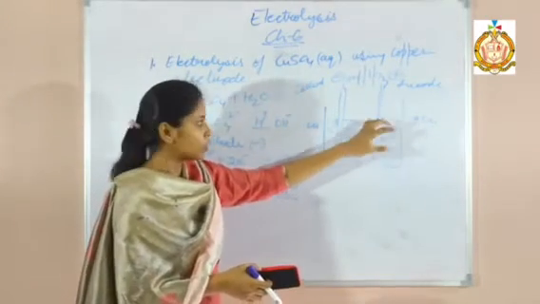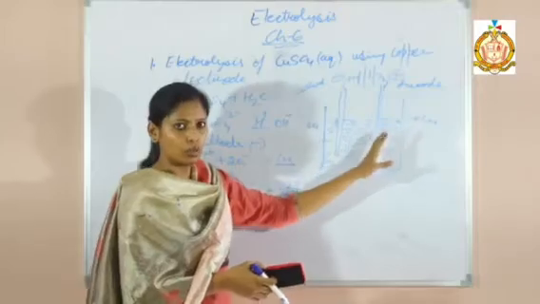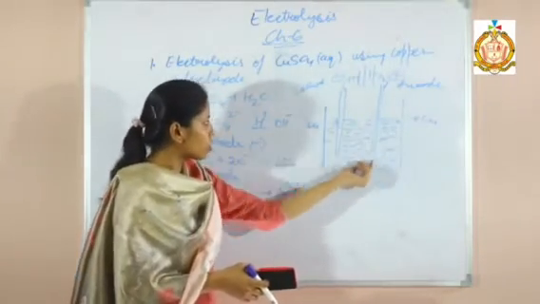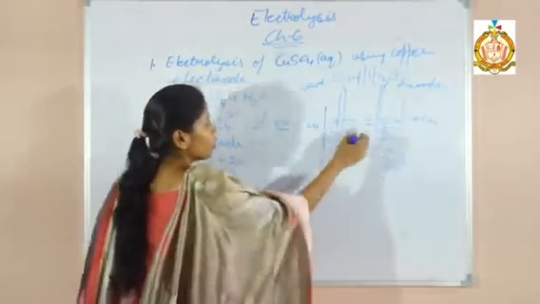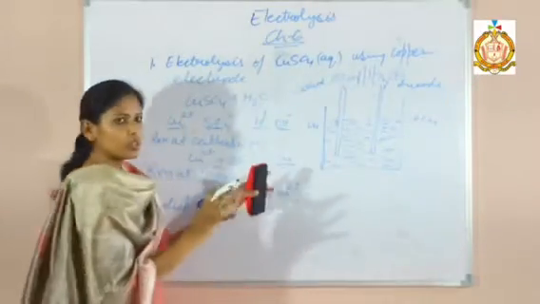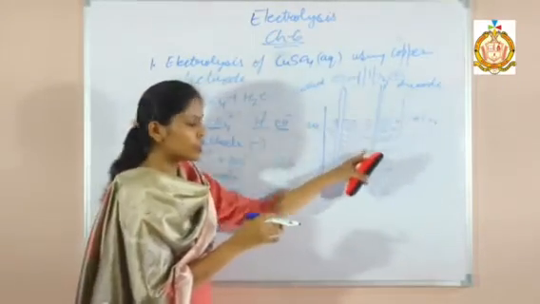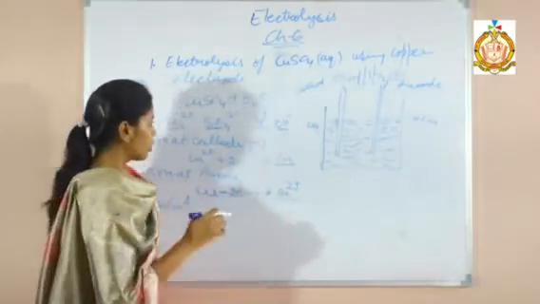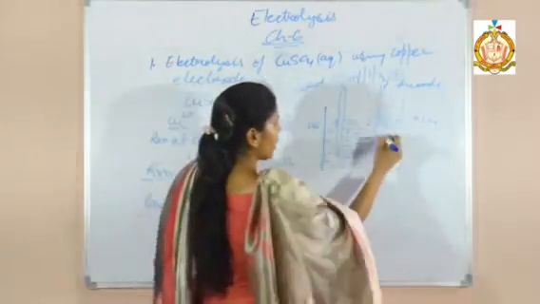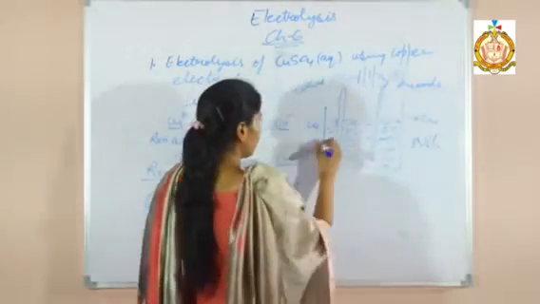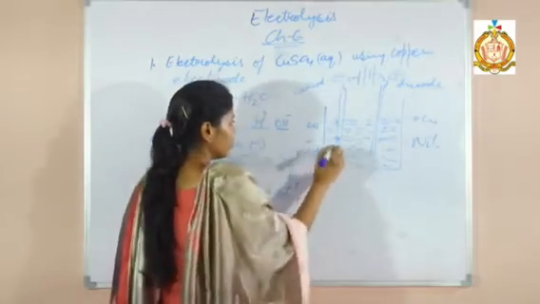Will any product be there? No, because it is dissolving. These ions will move toward anode side, but they will not discharge because it is itself dissolving in the solution. So product at anode is nil and here is copper metal.